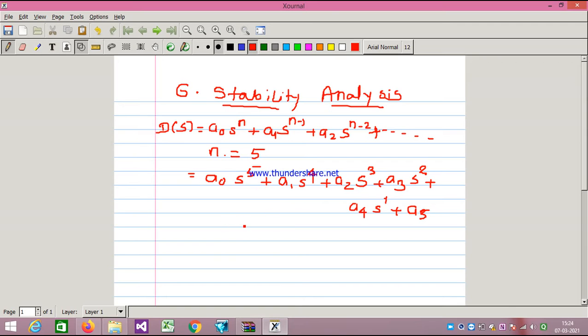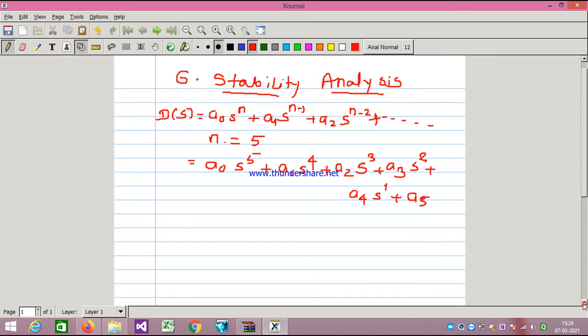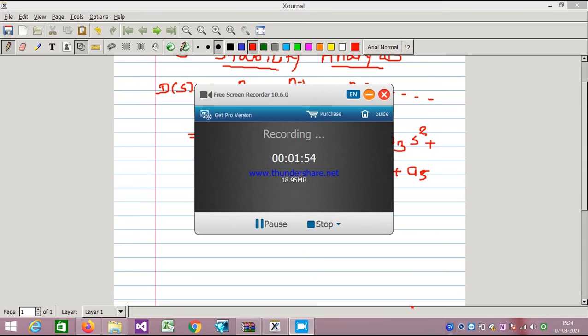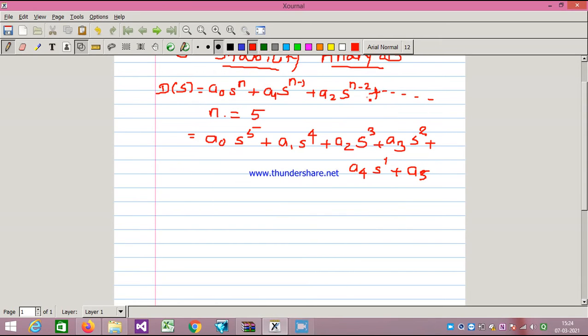Okay, so suppose this is the equation, and for that, how to identify whether this d of s is a stable equation? How to identify that d of s is a stable equation?